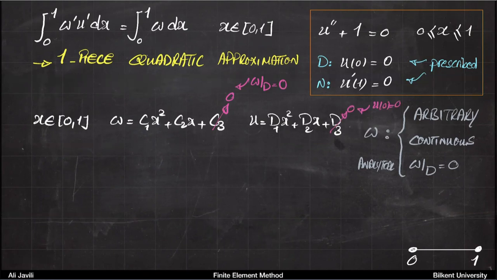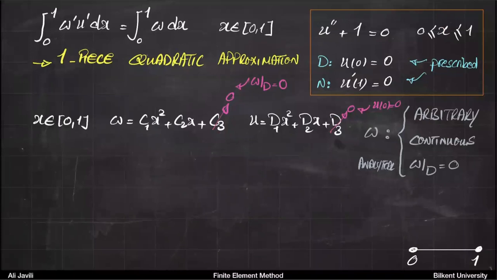Now, all you have to do is write your integral form, your weak form. It's just one piece, so you don't have to split it. You would have the integral of w prime u prime dx equals the integral from 0 to 1 of w dx.